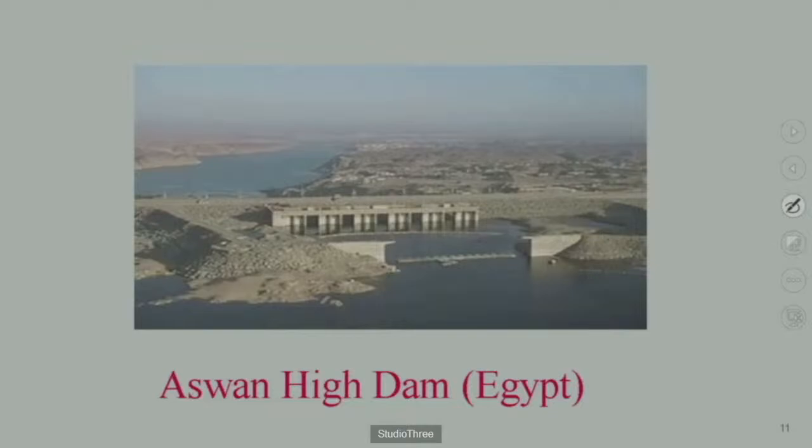So Egypt decided to utilize the water of the Nile River, to preserve it, to protect it for their various purposes. So they took a task to make the Aswan High Dam over the Nile River, to collect and control the water of the Nile River for their purpose.